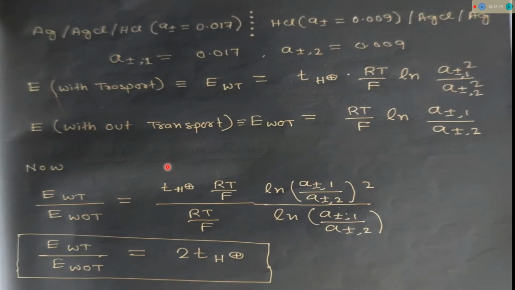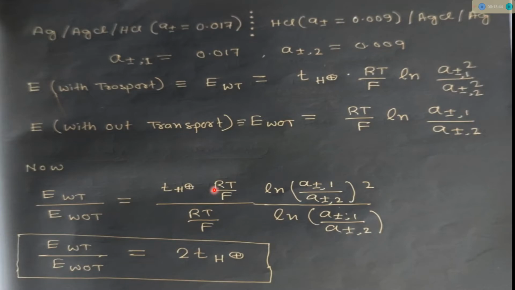Again, if we want to write the cell EMF without transport, E_WOT, we can write RT upon F ln a± 1 upon a± 2.